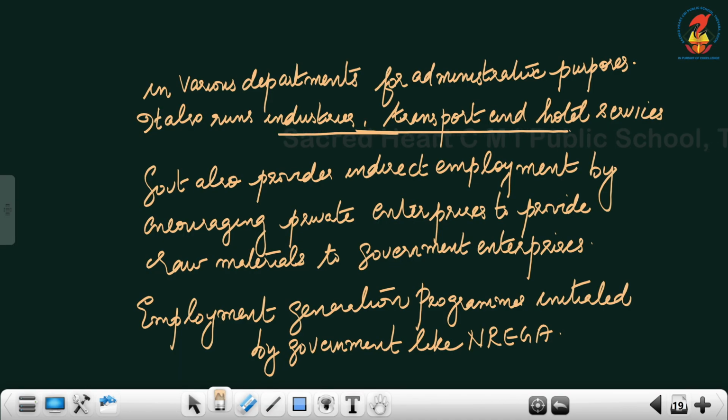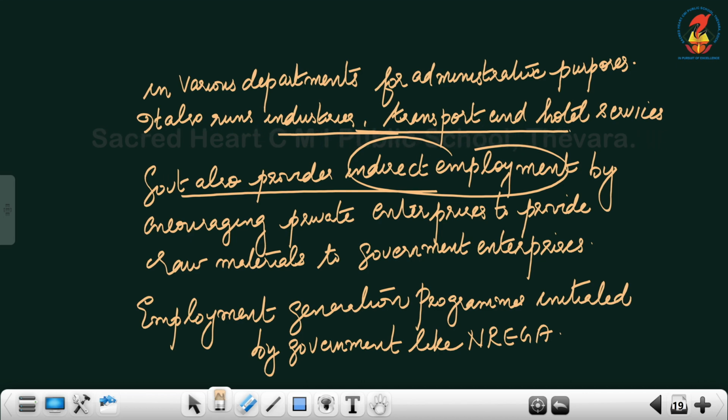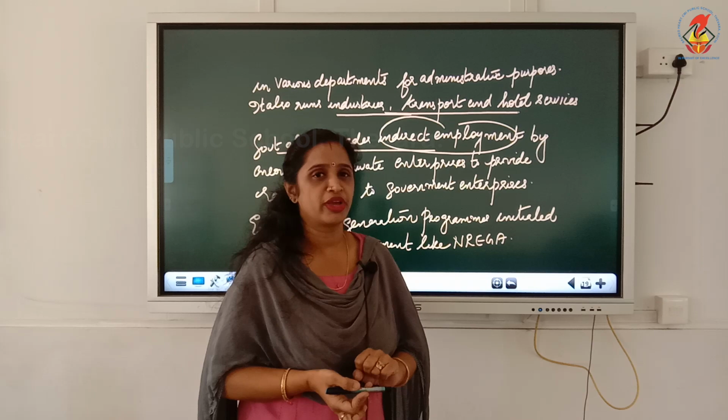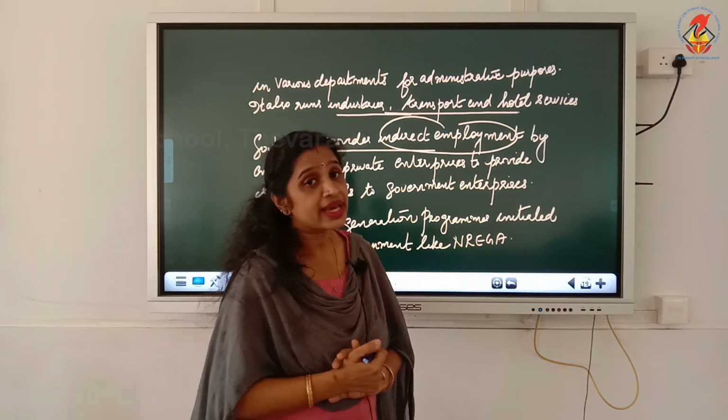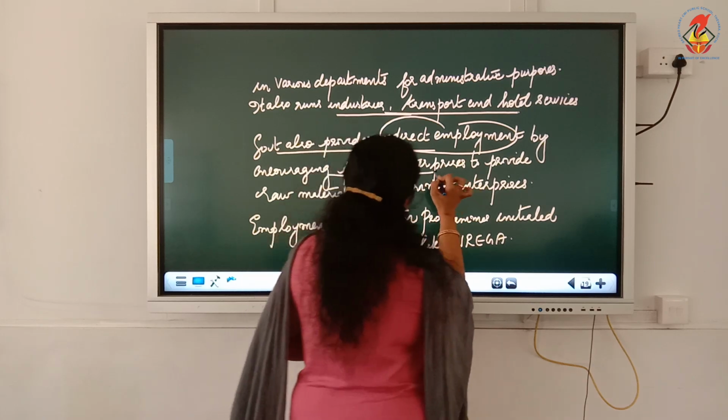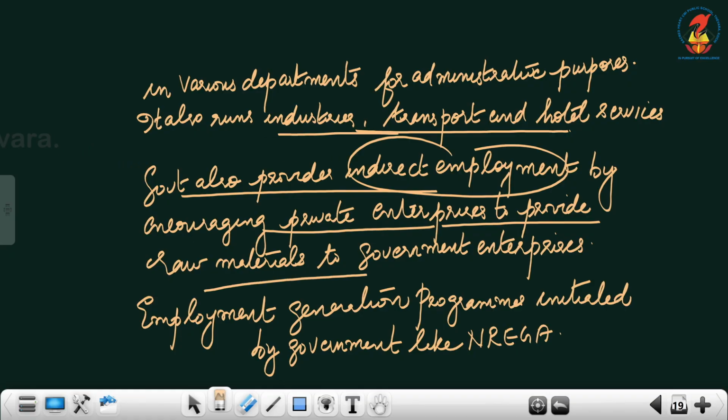Then comes the next. The government also provides indirect employment. The first one was direct employment and the other one is indirect employment. How is the government providing indirect employment? By encouraging private enterprises to provide raw materials to government enterprises.